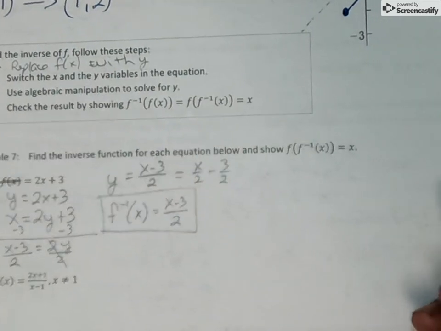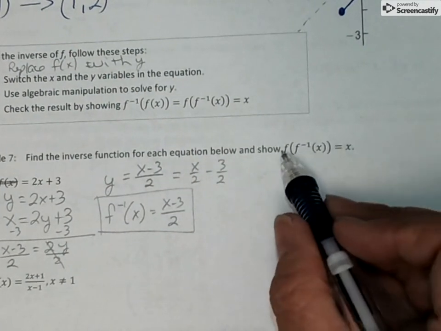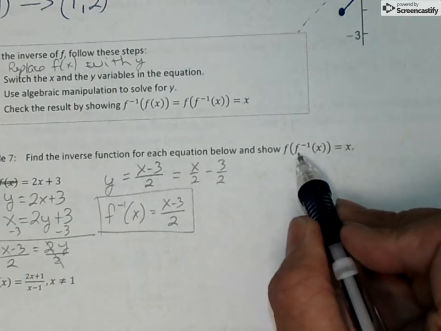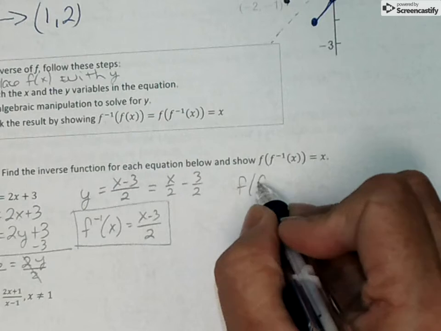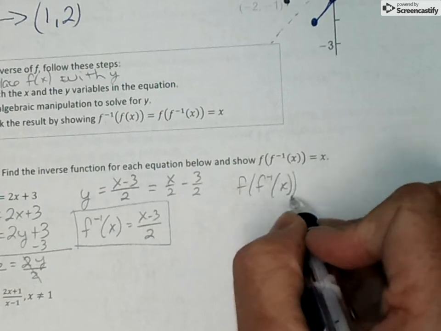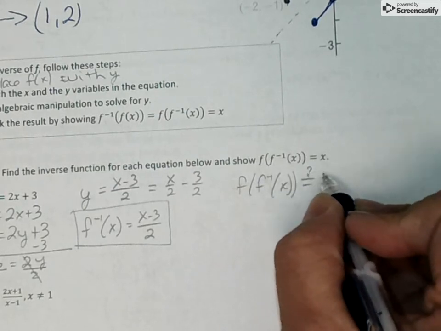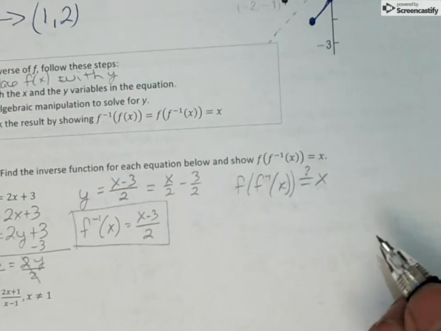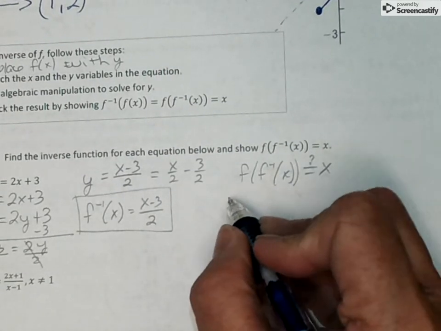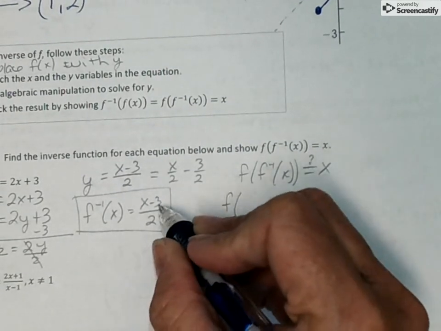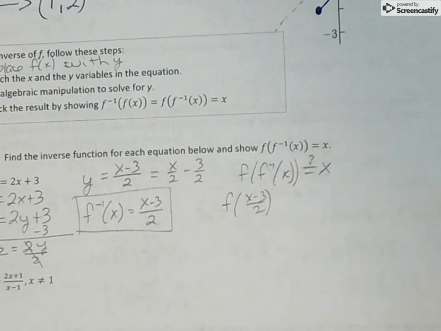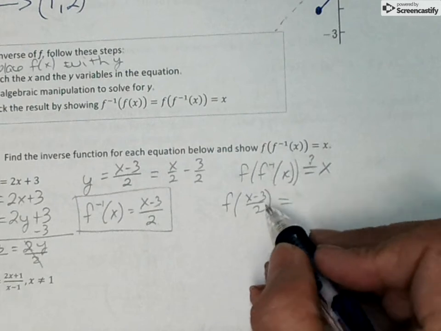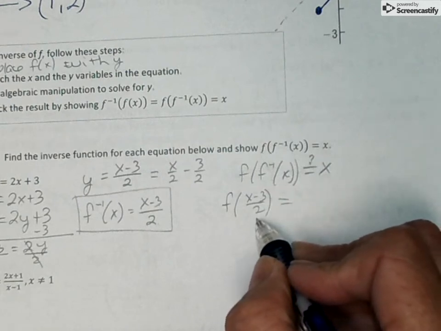To prove that it is the inverse, I'm going to show that f composed with f inverse of x is equal to x. So f of f inverse of x, and I'm putting a question mark there because we don't know that yet. We want to prove this. Here's my inverse, x minus 3 over 2. We want to see what this equals. So x minus 3 over 2 is now the input for the original function.